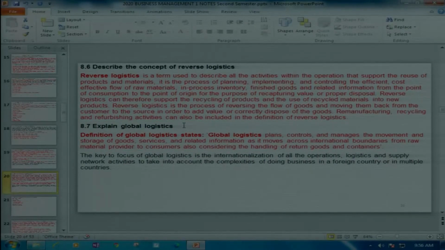The key focus of global logistics is the internationalization of all operations, logistics and supply network activities to take into account the complexities of doing business in a foreign country or multiple countries.